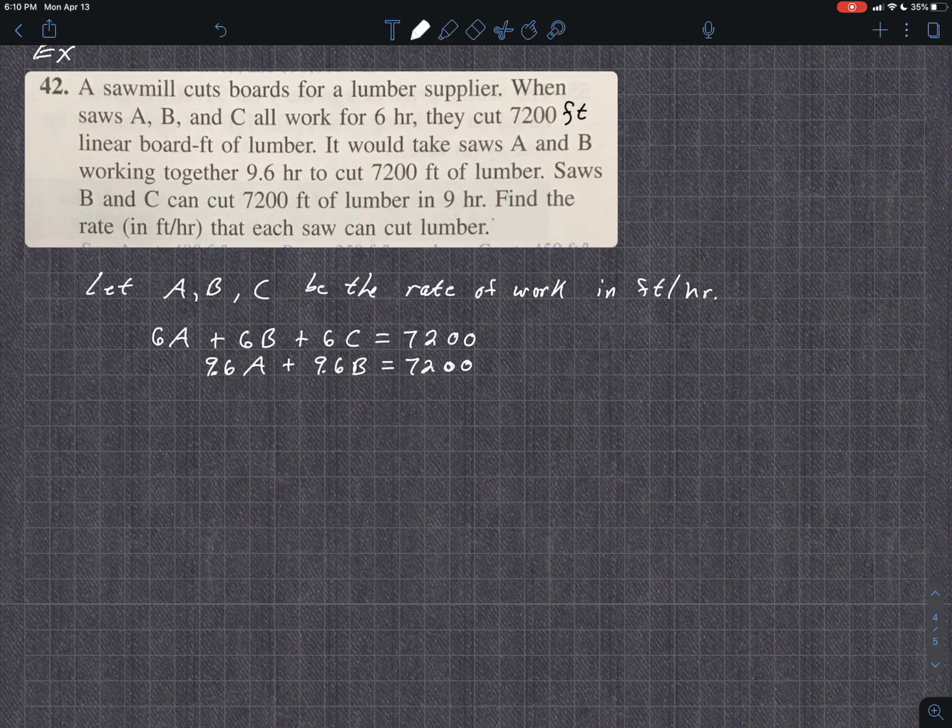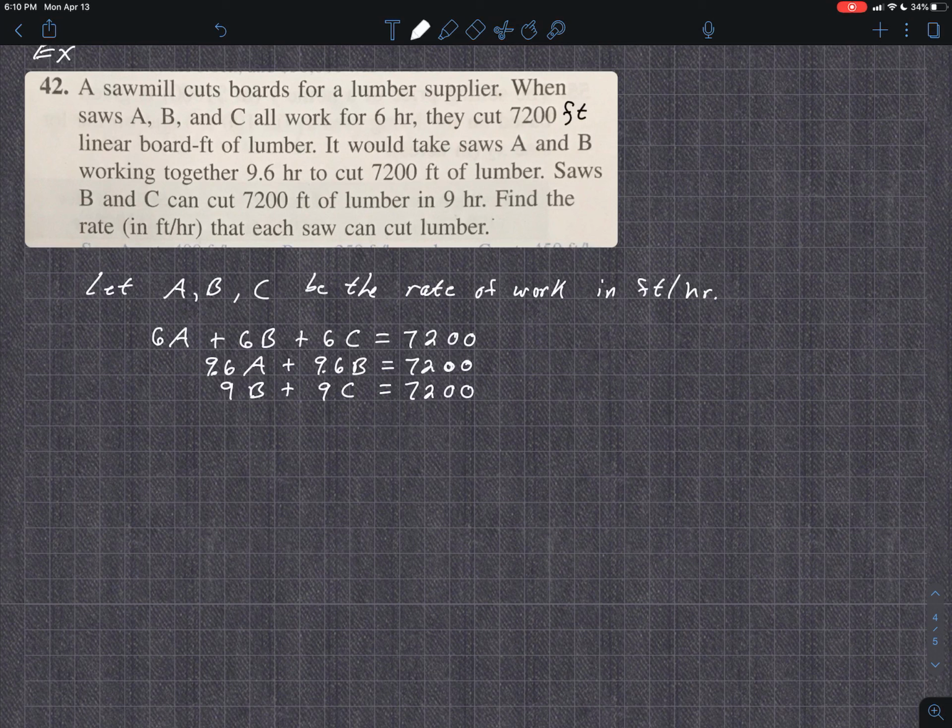Okay. Now, what about the 9 hours? That's for saws B and C. So saws B and C would be 9B plus 9C.